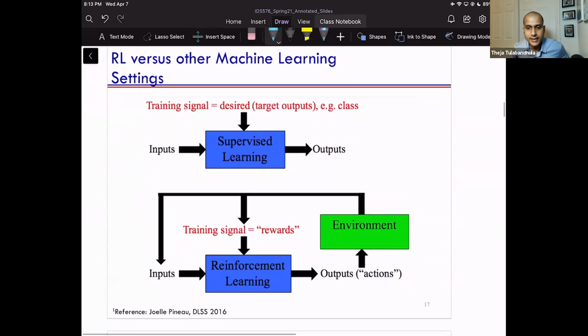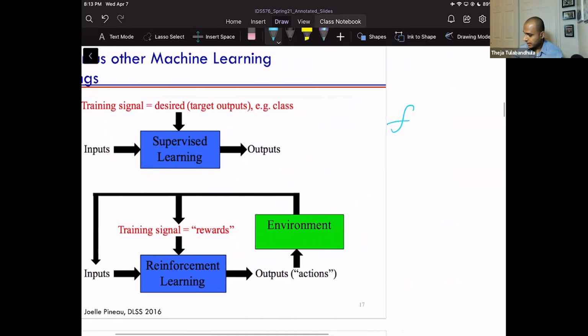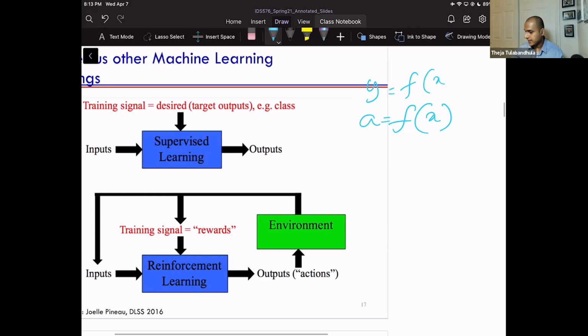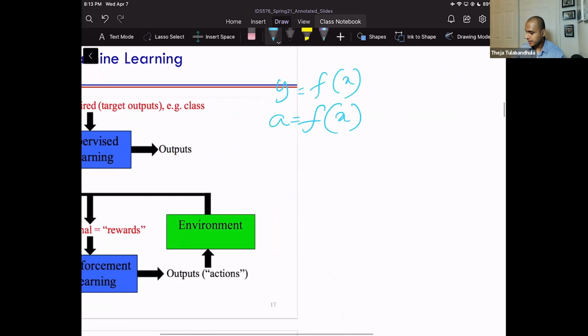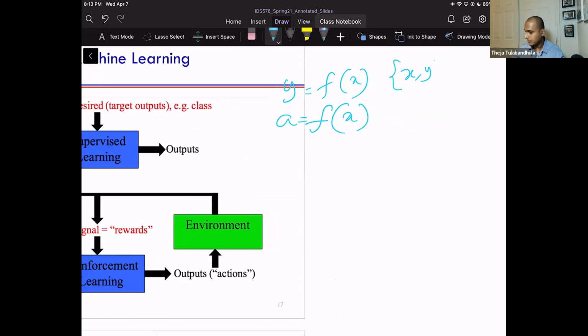Okay. So with that, let me quickly mention the difference between supervised learning and RL. By the way, when we were talking about contextual bandits, I used the expression f of x and a. This should be very similar to y equals f of x. It's exactly what we do in supervised learning, except that in supervised learning we would have x, y pairs: some bunch of xi, yi, i equals 1 to n, some bunch of training data. x could be images, y could be labels, and you just do image classification.